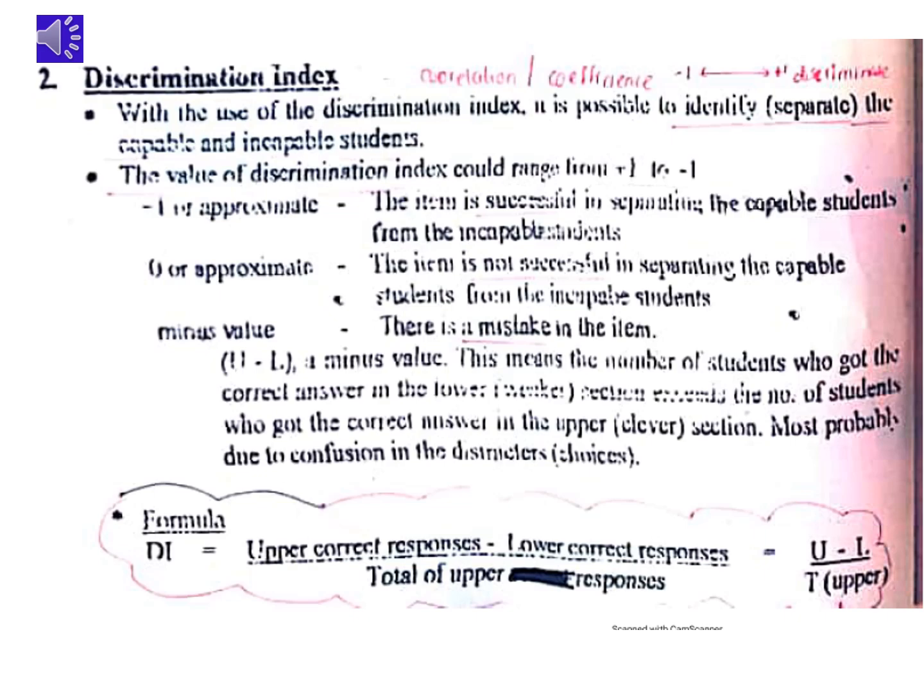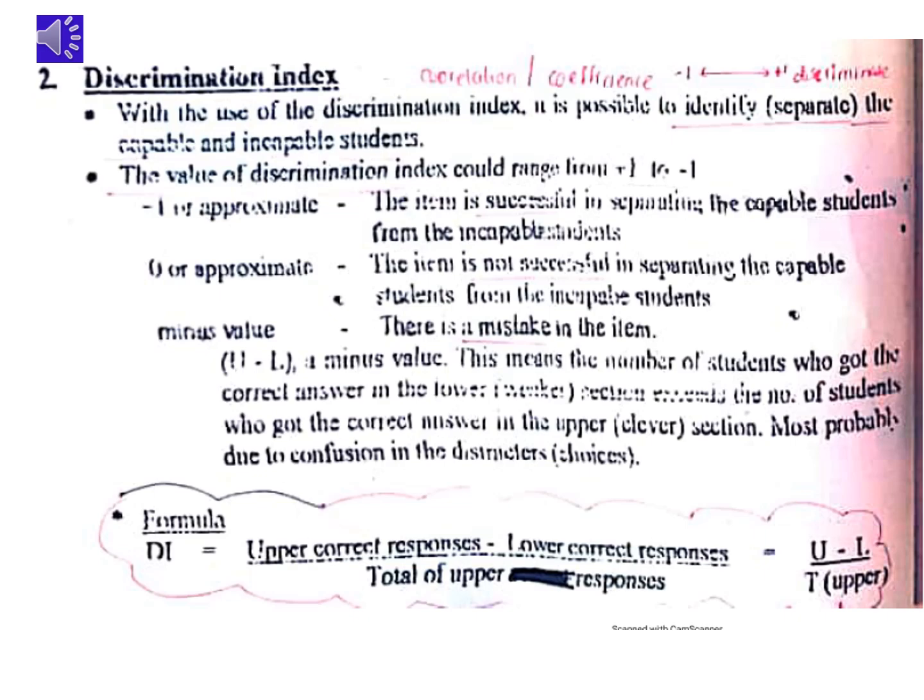The formula for this one is: discrimination index equals upper correct responses minus lower correct responses divided by total of upper responses.